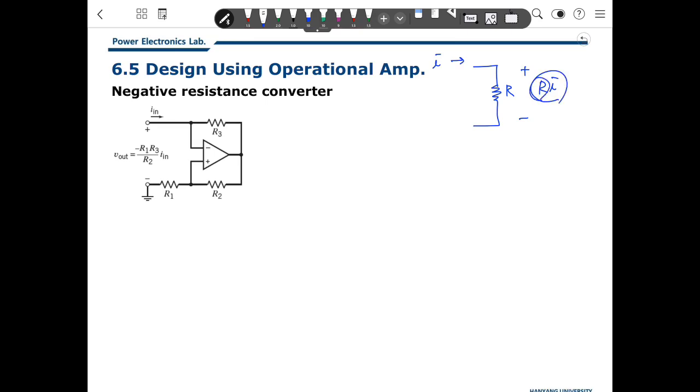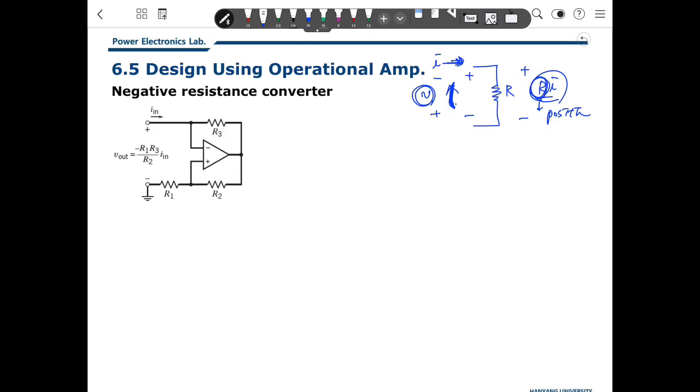So this R value is positive. Even though current is going through this direction, there is a positive voltage and negative voltage here. The voltage difference is in this direction here. But if current goes the other way, then we make a DC voltage. That means R is negative, because there's a negative resistance.